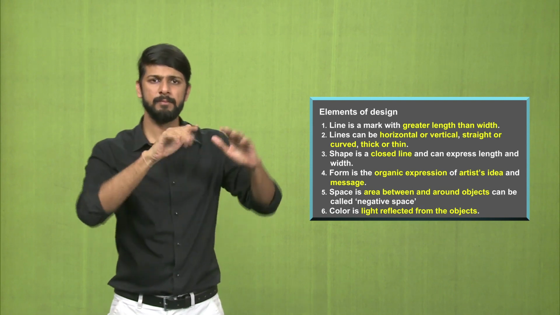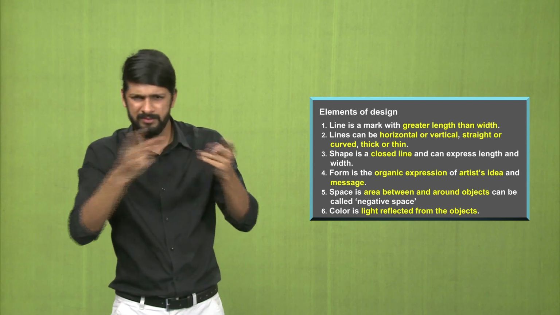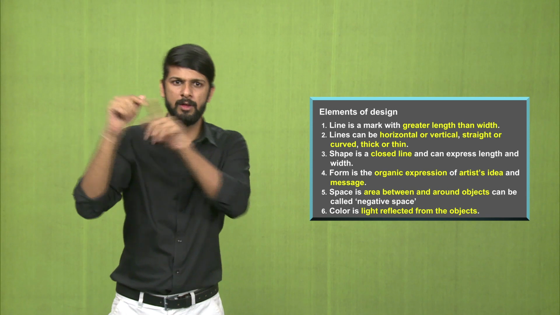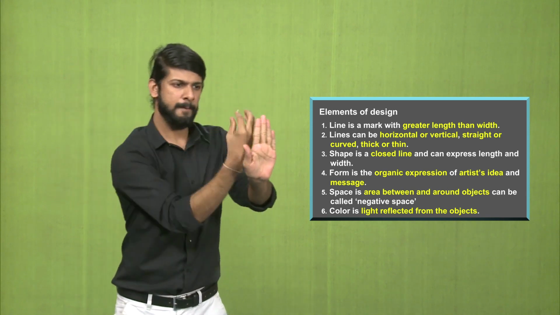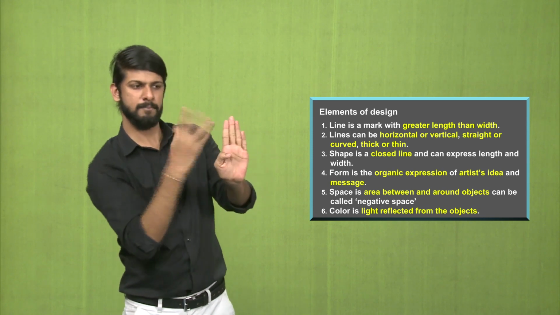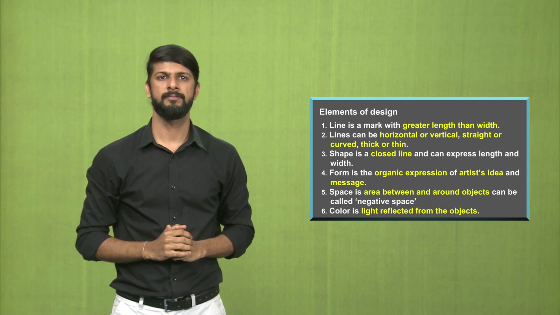Then we have color. Using the same example of a still life composition, you have fruits, various kind of fruits, then the light which is reflected on these models or these objects, and you can see the play of light and shadow.